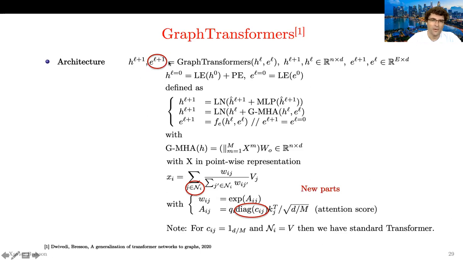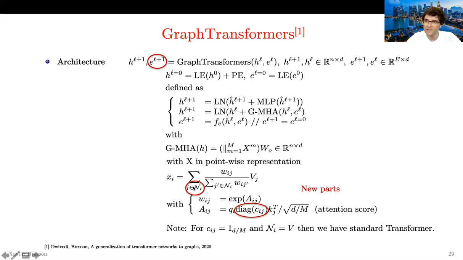So for GraphTransformer, we need the edge representation. We have an extra update function for E, and the multi-head attention will depend on the edge feature. We know that for molecules, we have bond connections between nodes, and we want to use this information.